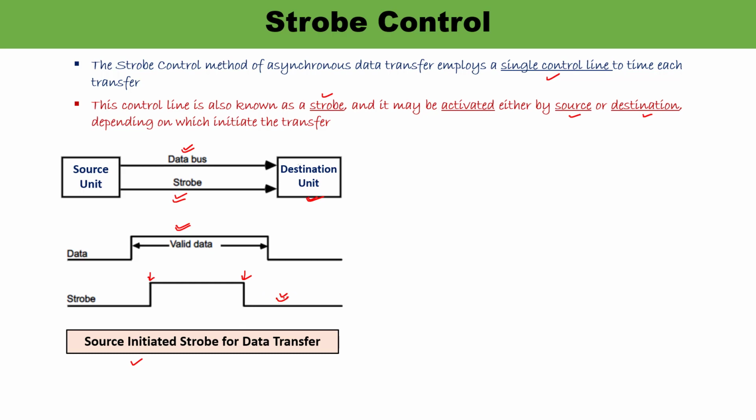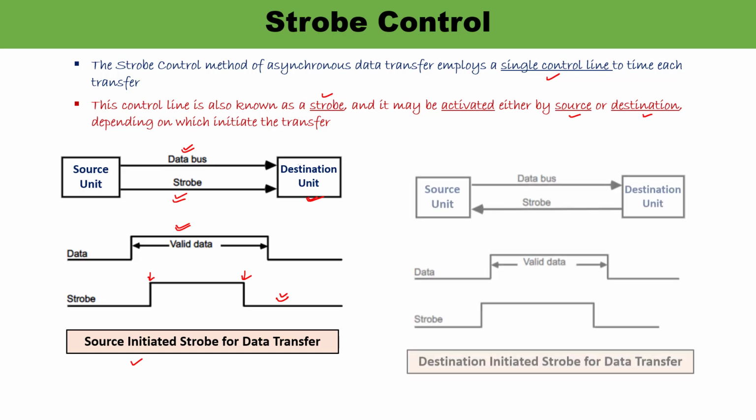New valid data will be available on the data buses only when the strobe signal is activated again. Along with the falling edge the data is transferred, then the strobe is in inactive mode. The strobe may be a memory write control signal from the CPU to a memory unit. So this is how you can explain it.